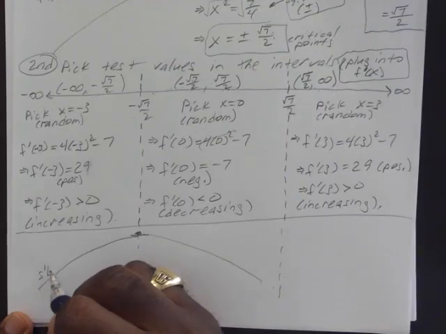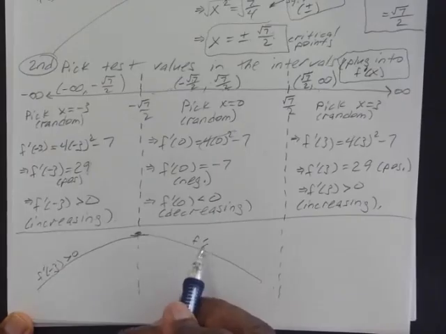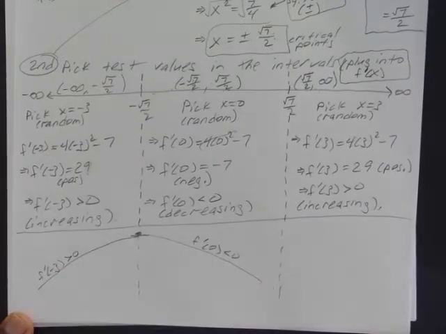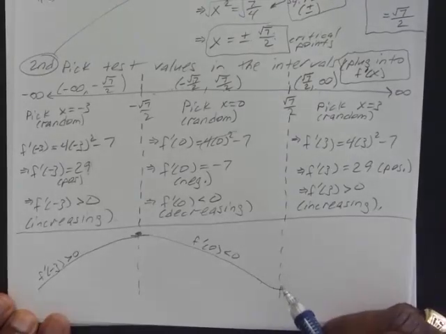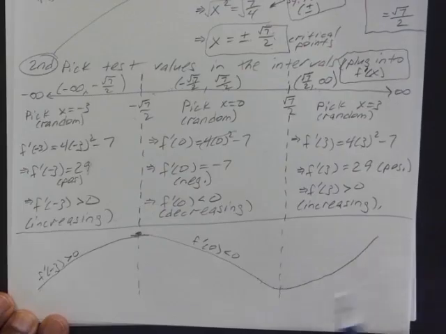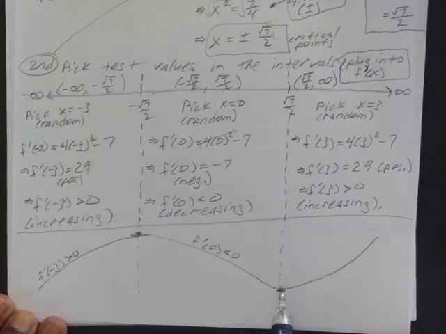So f prime of -3 is greater than 0. f prime of 0 is less than 0. And since we know it's increasing at +3, that means that +√7/2 is a local minimum.